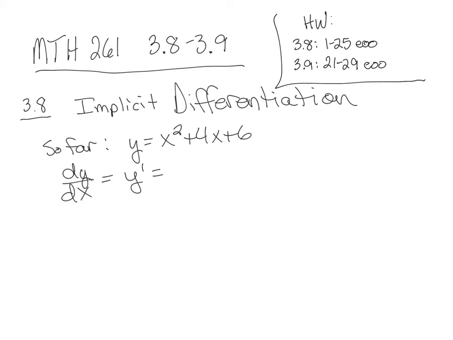I haven't been using this notation much just because it means the same thing as y prime, but it's very important now that we get comfortable with this notation. And you'll hear me explain this again when we get to chapter 4. But with what we're doing right now, it's very important that we use the dy dx notation. This says explicitly that y is a function of x.